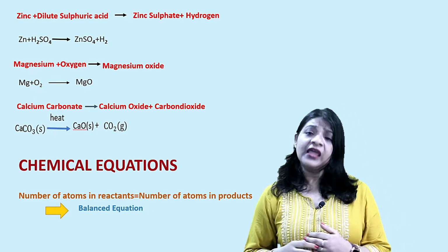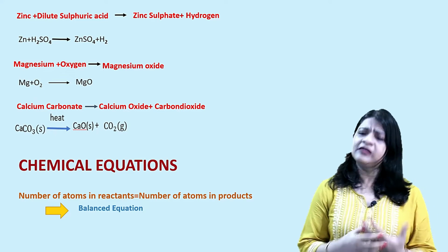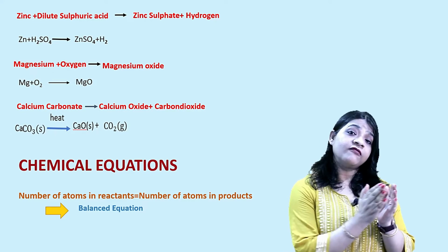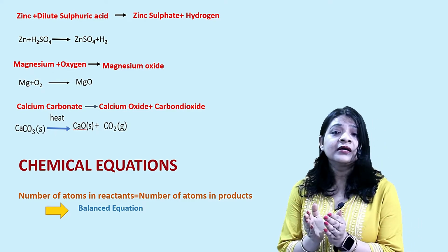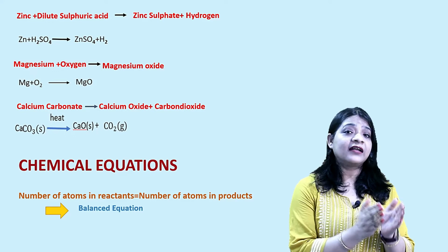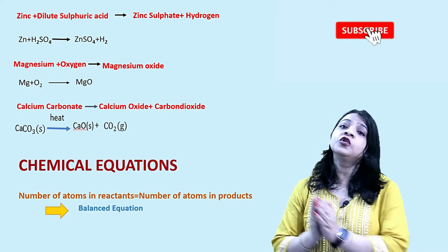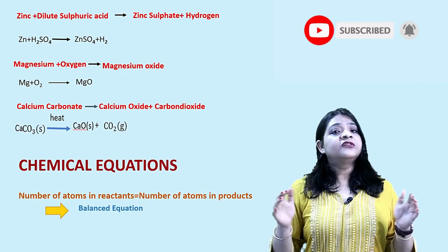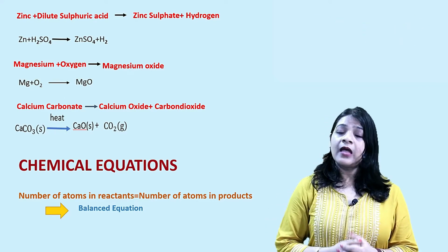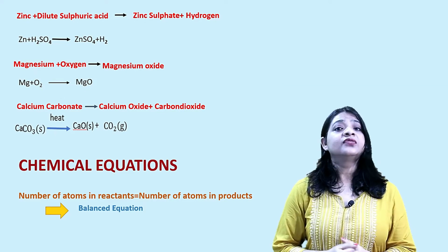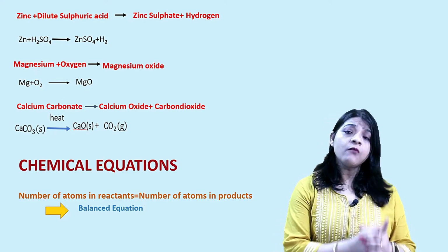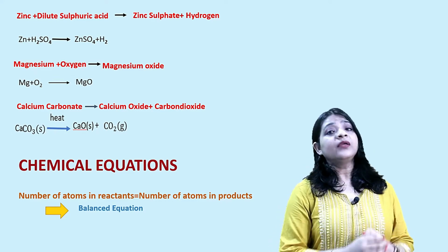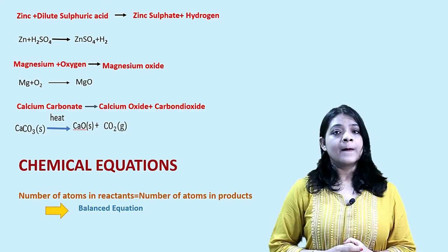Now another thing to note about chemical reactions or equations is that the number of atoms that take part in the reaction, like the number of atoms in the reactants, should be equal to the number of atoms in the products. If this is so, we call it a balanced equation, and this is the first and foremost requirement for a chemical equation, that it needs to be balanced.